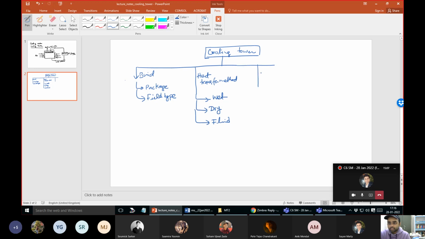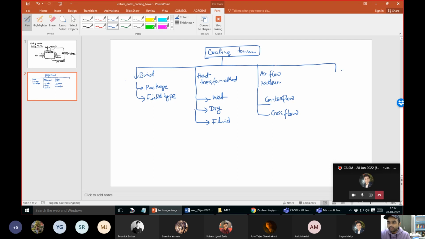There is another classification type based on the airflow pattern, whether it is counterflow or whether it is cross flow, right?